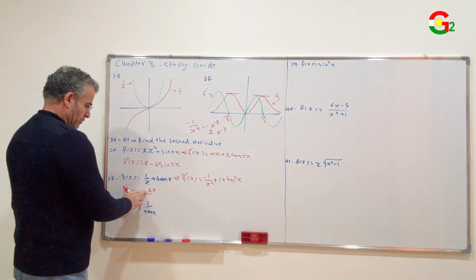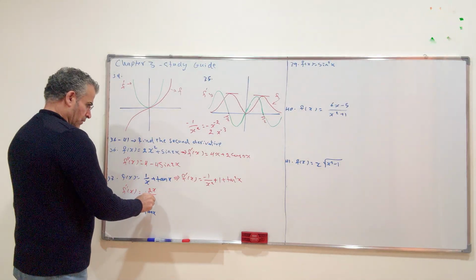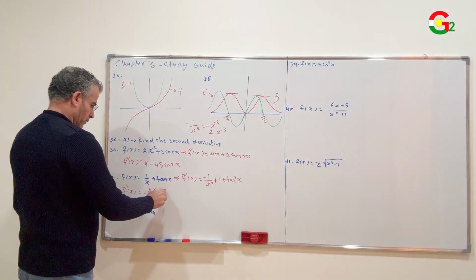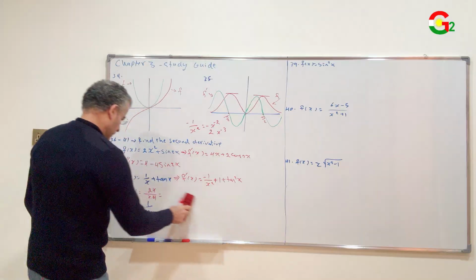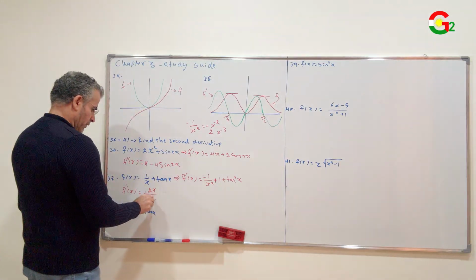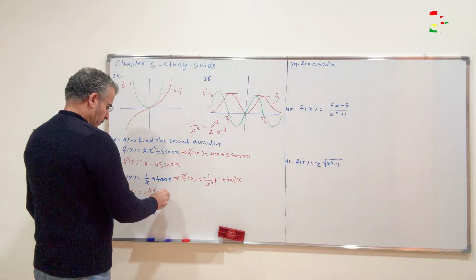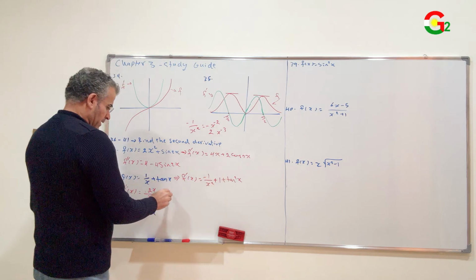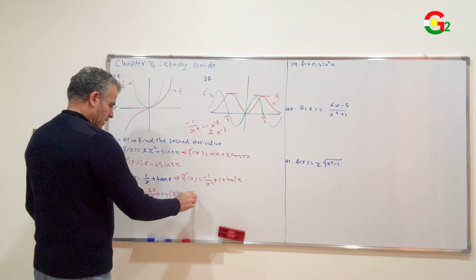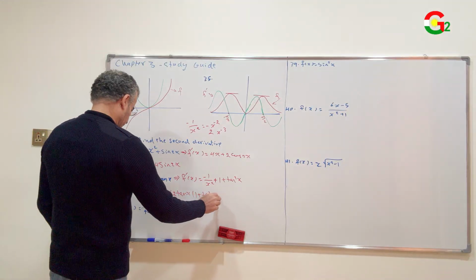2x. 1 times 2x over x power 4 equals 2 over x power 3, plus the derivative of 1, 0, plus the derivative of tan square x, which is 2 tan x times 1 plus tan square x.